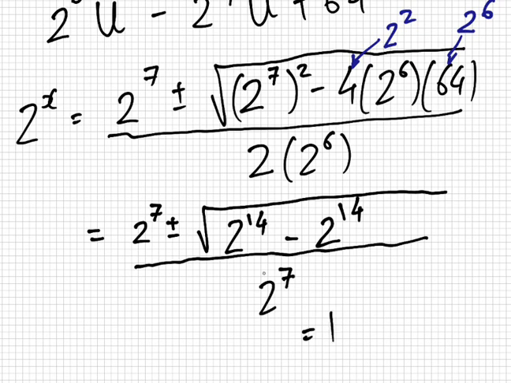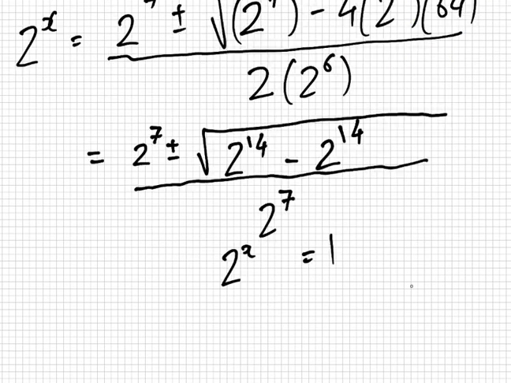That just simplifies to 1. So you get 2 power x equals 1, or if you prefer, 2 power x equals 2 power 0. So then x is 1. Sorry. X is 0. 3w. Yeah, x is 0.